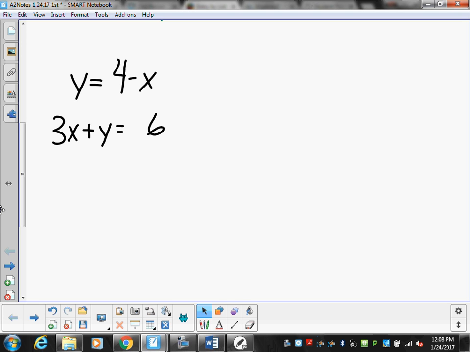So since they're wanting us to solve this system using elimination, we want to do that now.